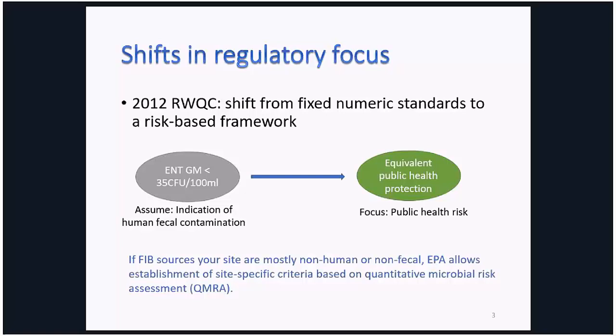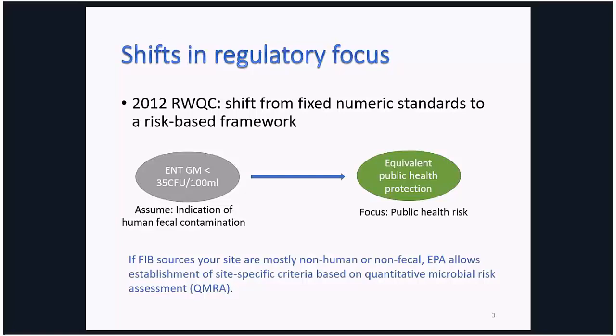But now the regulatory focus has shifted to public health risk. And as long as you're providing equivalent public health protection, your Enterococcus could be above 35 CFU per 100 ml, but still in compliance.